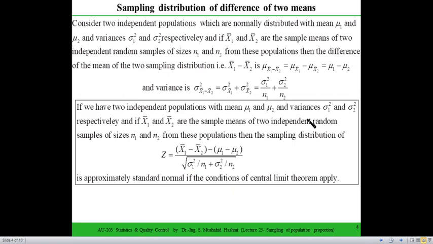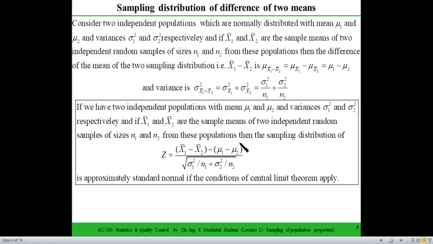In order to calculate the probability, as we know, these are two independent populations, so it means there is no dependence. Both populations carry independent random variables, their means are mu1 and mu2 and variances are sigma 1 square and sigma 2 square, their sample means are x1 bar and x2 bar, and their sample sizes are n1 and n2.